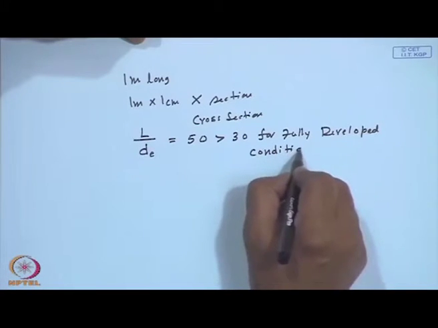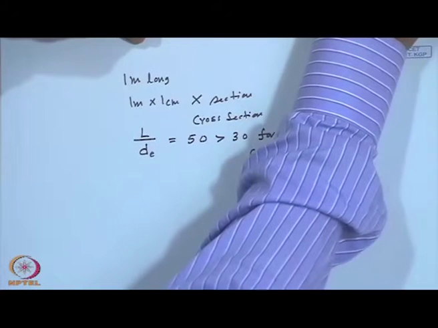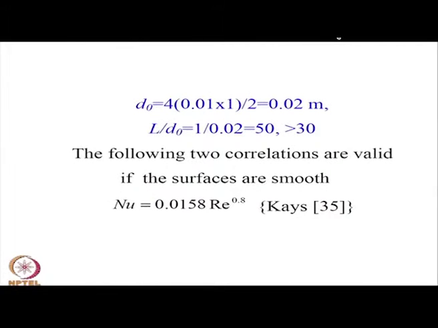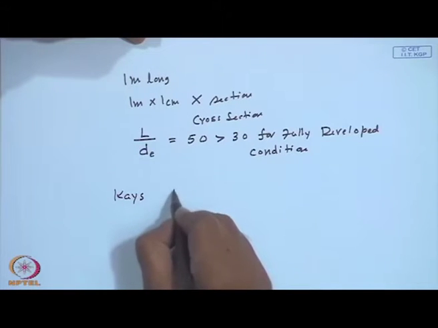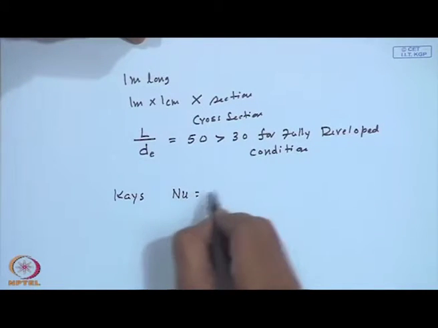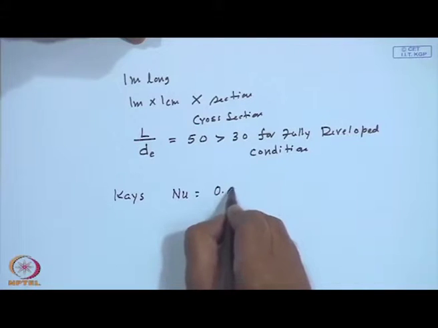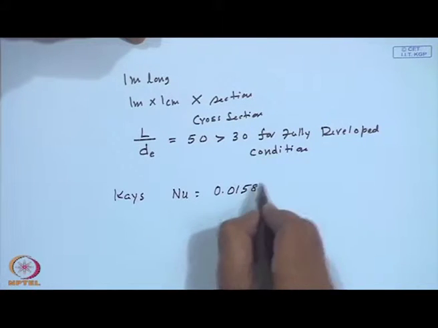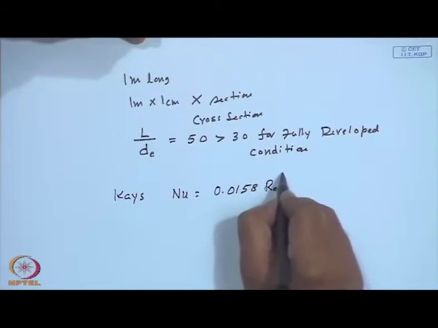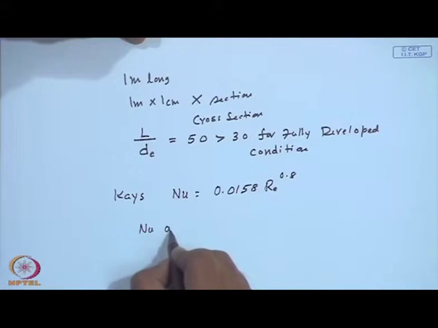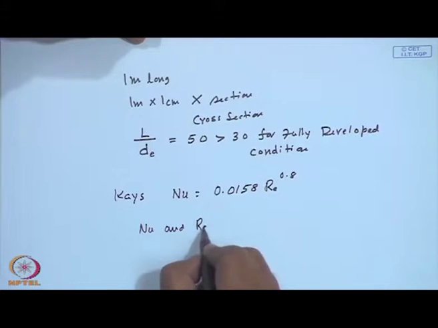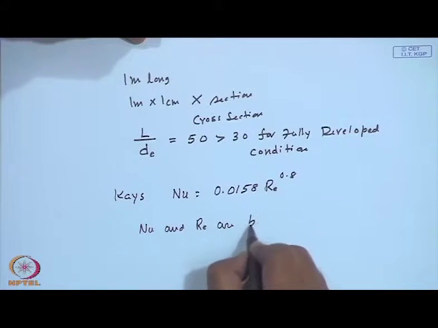There are two correlations. One is due to Case, where the Nusselt number is expressed as 0.0158 Re to the power 0.8, where Nu and Re are based on hydraulic diameter.